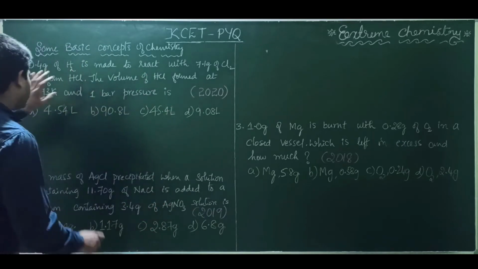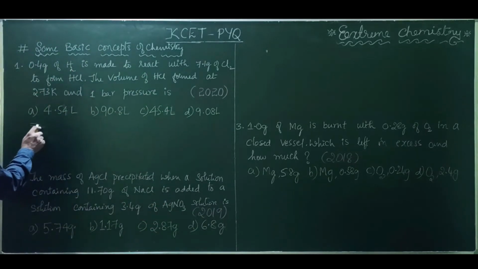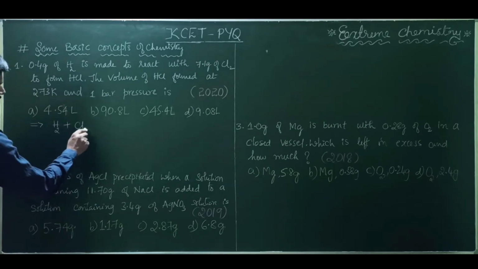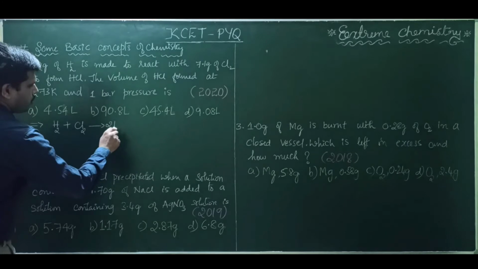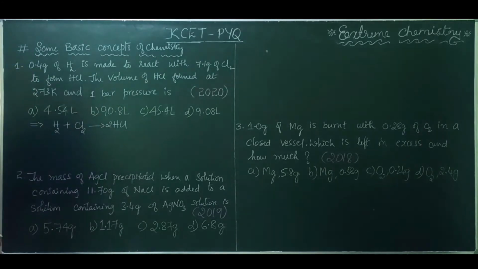Let us write the equation first for the solution. H2 combining with Cl2 to give 2HCl. This is the balanced chemical equation. Now, according to the stoichiometry of the reaction, write the amounts.